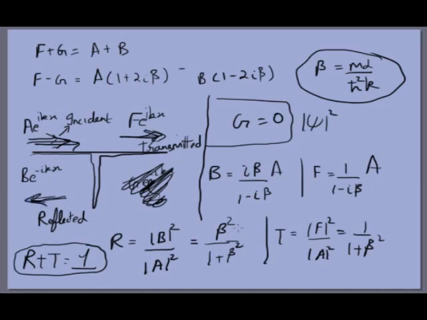And we can write R and T not in terms of beta but in terms of the energy once more, and what we'll get is R is equal to 1 by 1 plus 2h squared E by m alpha squared, and T is equal to 1 by 1 plus m alpha squared by 2h squared E. And we can see that as the energy increases, the transmission coefficient increases and the reflection coefficient decreases.